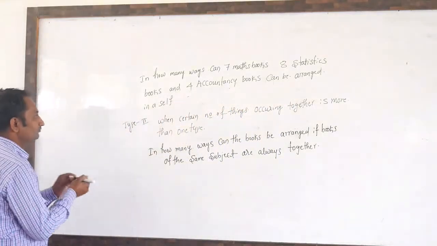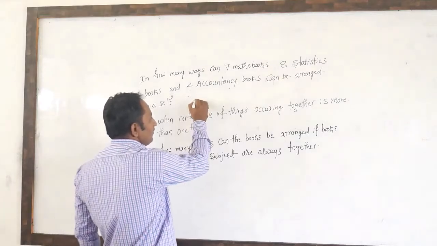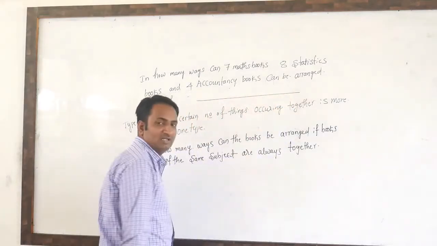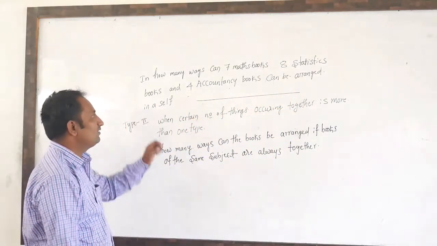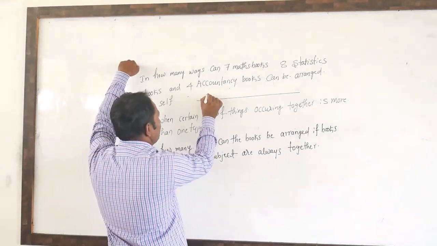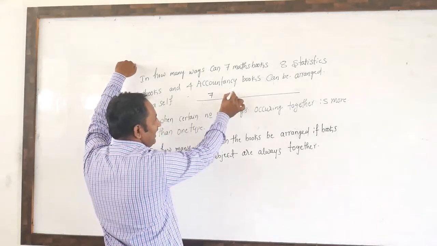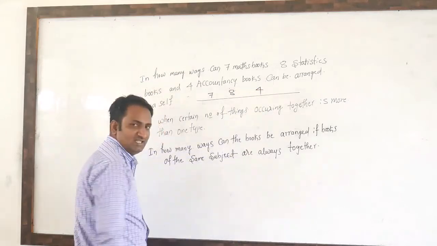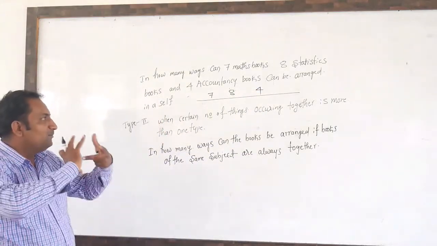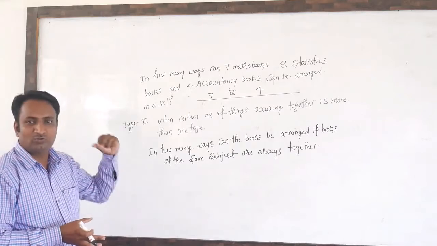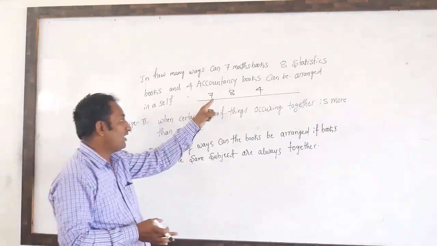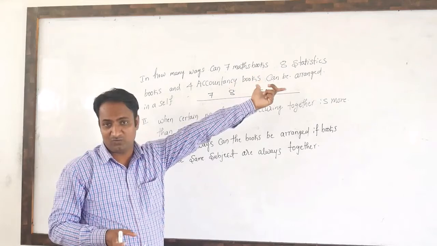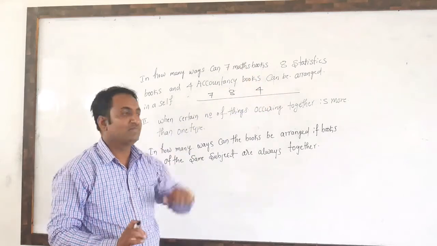Here this is a one-time arrangement. Here it is one shelf. Here 7 maths books are there, 8 statistics books are there, 4 accountancy books are there. Mixed together, we can arrange them in a total of how many arrangements? 7 factorial, 8 factorial and 4 factorial are available.